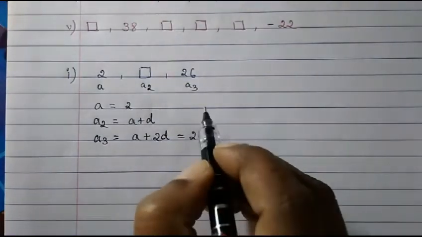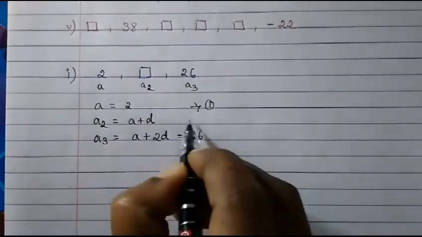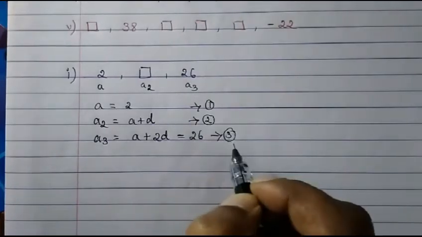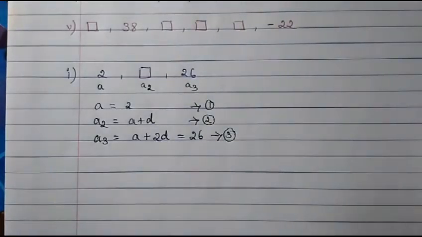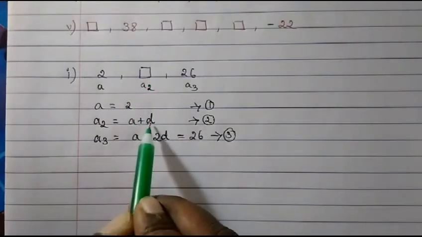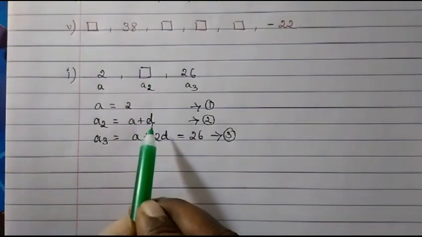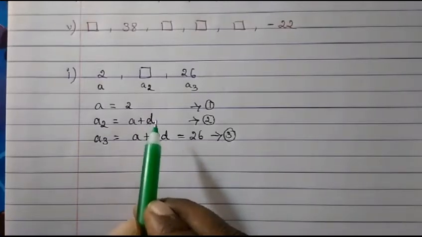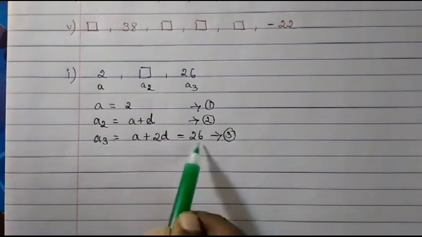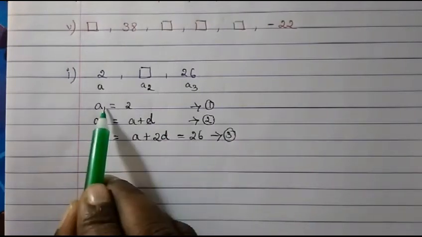Now we consider this as equation 1, this as equation 2, this as equation 3. To get the second term, we should know the D value, but we don't know D. So let's find it from the equations. In equation 3 we know the A3 value, and we know the A value.